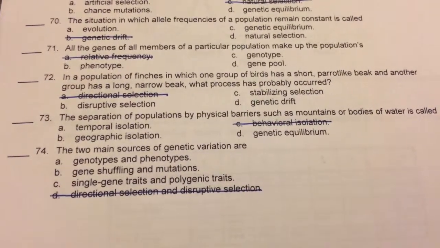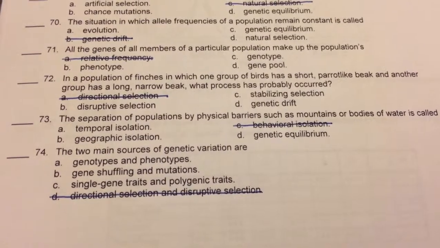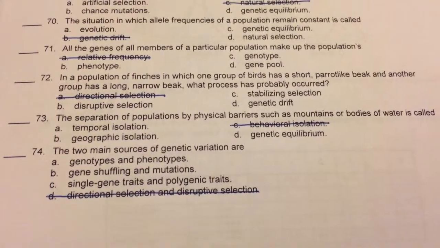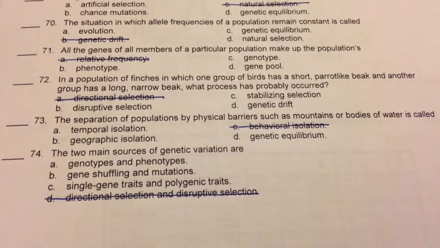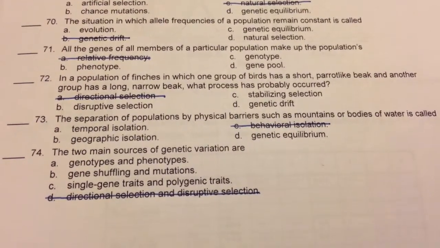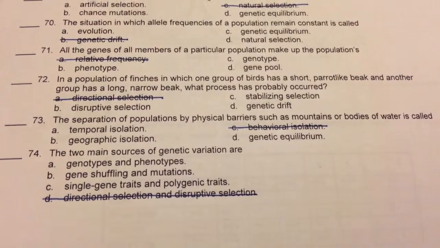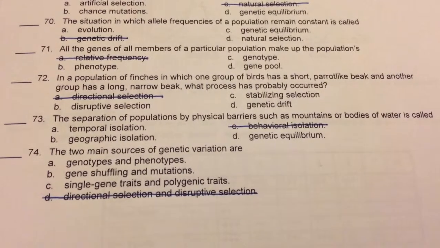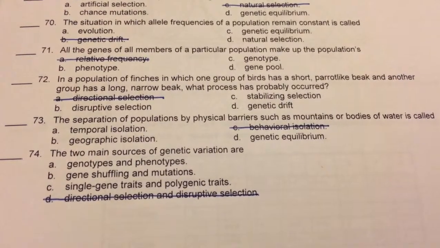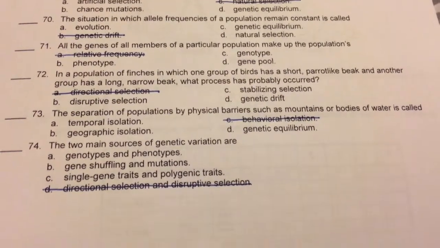72. In a population of finches in which one group of birds has a short parrot-like beak and another group has a long narrow beak, what process has probably occurred? B. Disruptive selection, C. Stabilizing selection, or D. Genetic drift. 73.